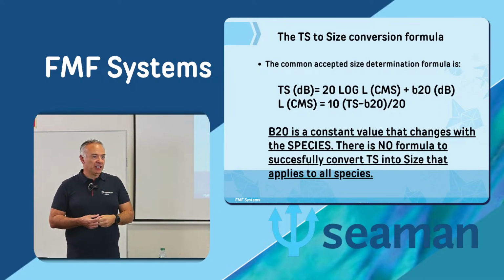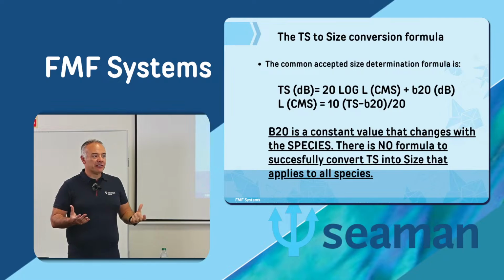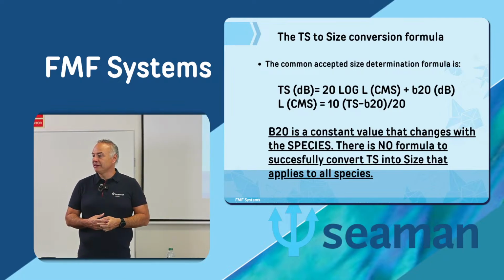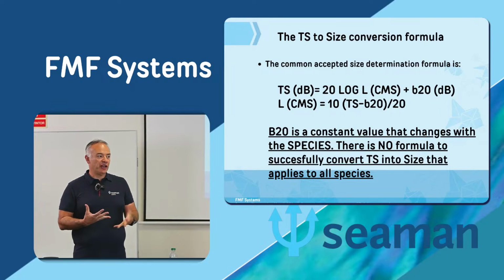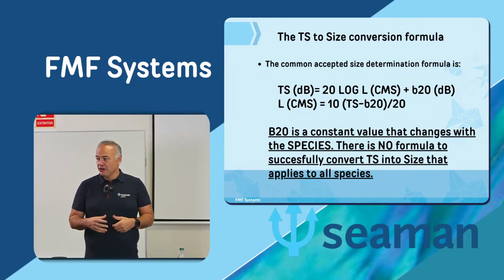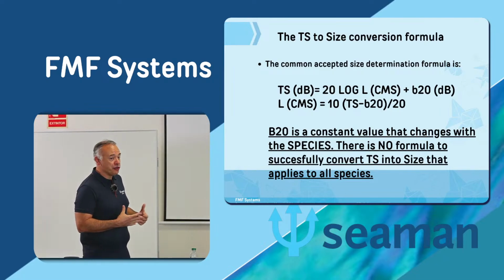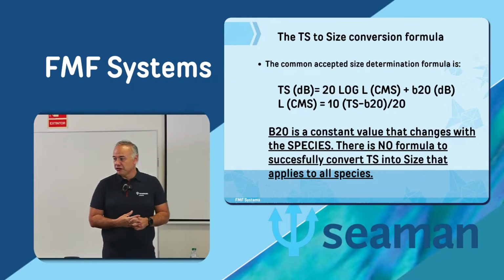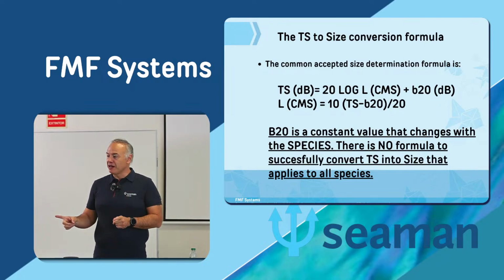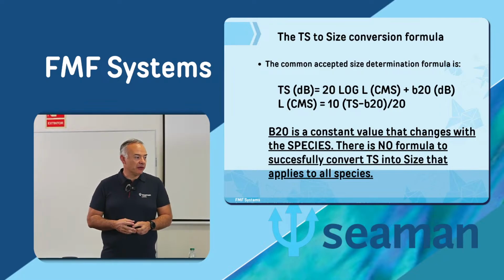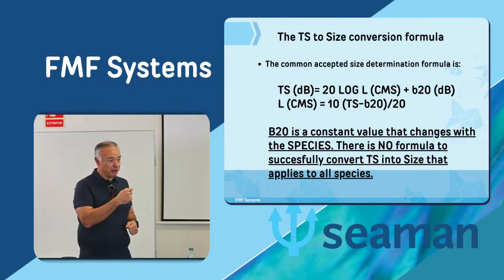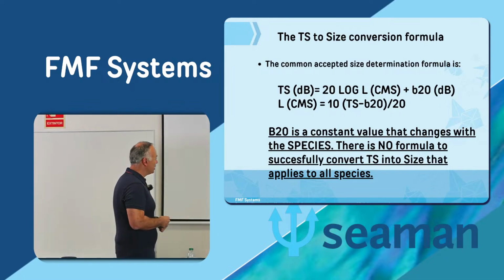For example, mackerel is a fish with no swim bladder, and the expression in sound of mackerel is very low. So if you measure mackerel with the same formula that you use for cod, you will measure, say, a 35 centimeter mackerel, and it will say 6 or 7 centimeters. I've seen it. It's that way. You can check it mathematically. It's also easy to do.